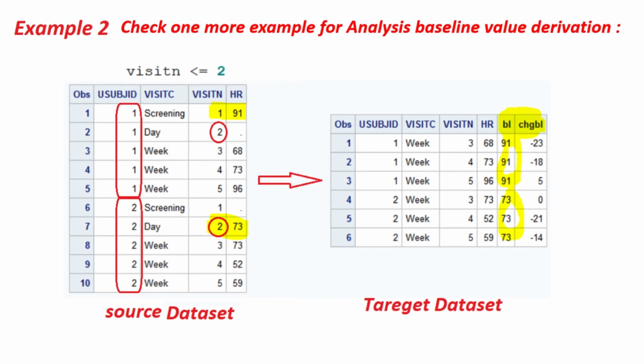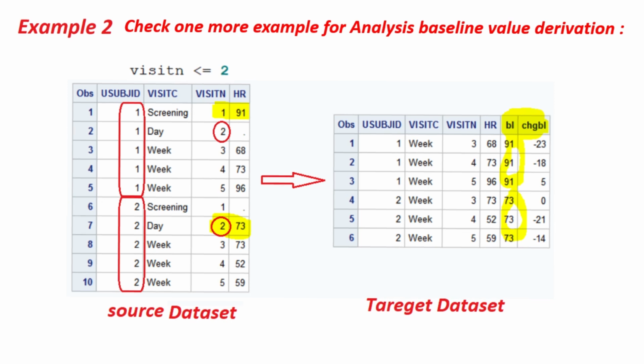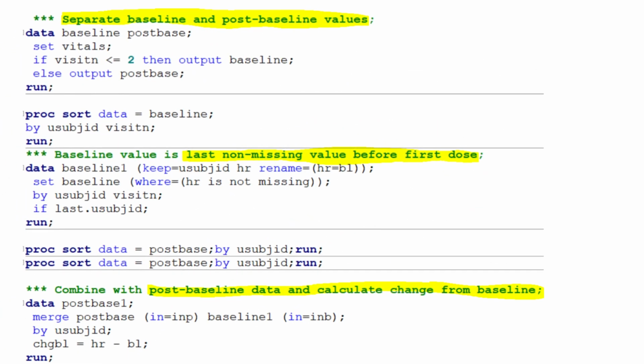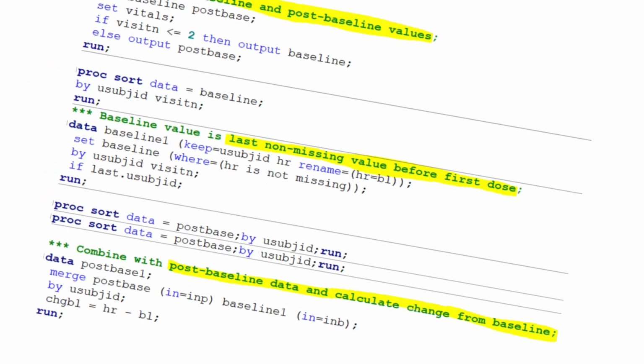We will check a second example for the baseline value. Here first separate the dataset into baseline and post-baseline datasets. When visit number is less than or equal to 2, output all records to the baseline dataset, and other records to the post-baseline dataset. In the baseline dataset, analysis value HR should not be null. Finally merge the baseline dataset with post-baseline, and derive change from baseline.